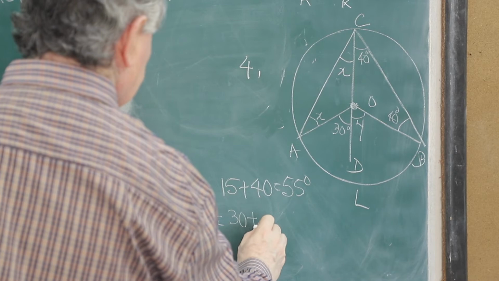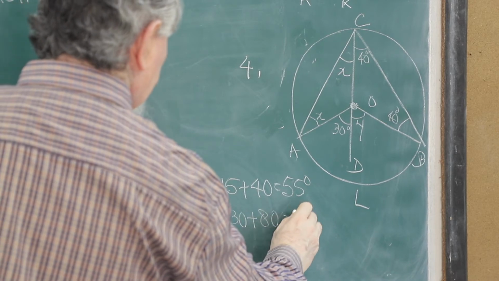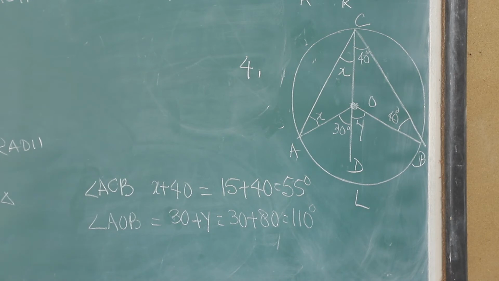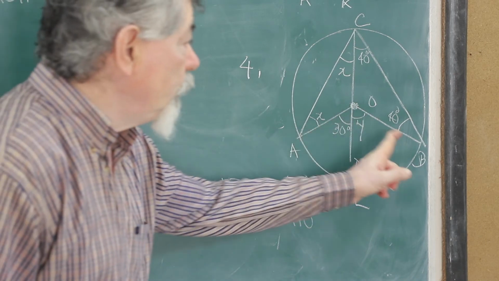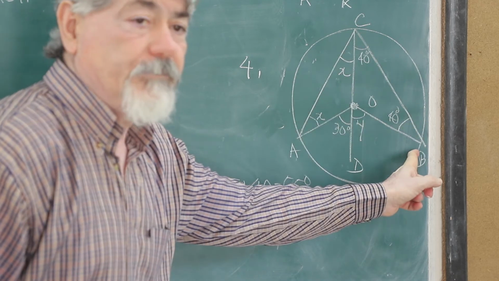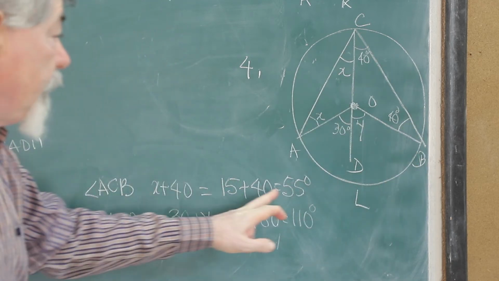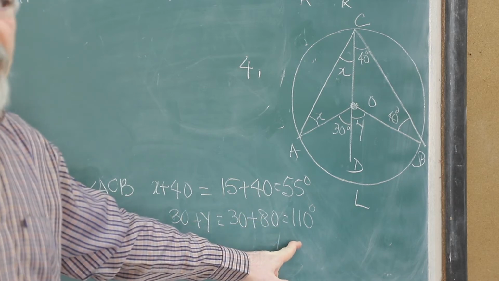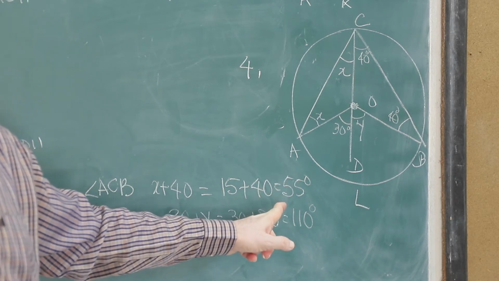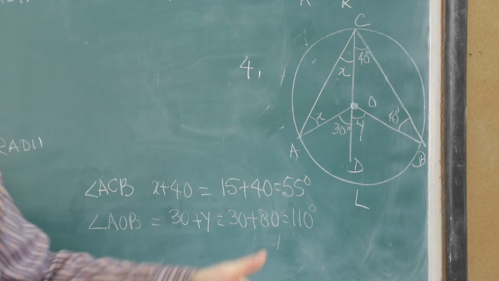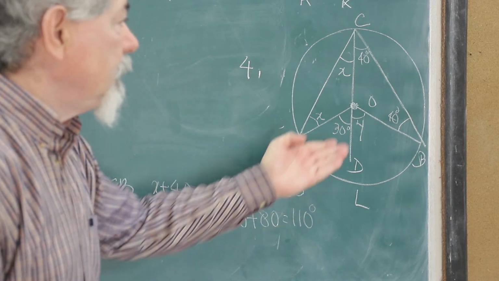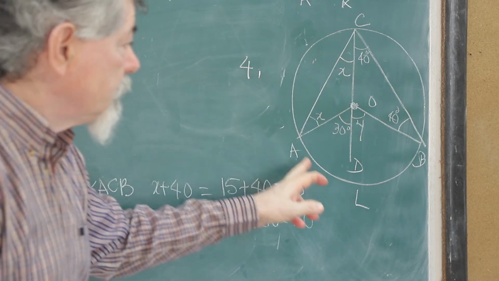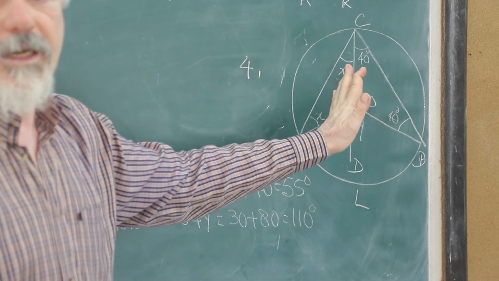So 30 plus 80 will be 110. Now you can see what is the relationship between angle AOB and ACB. ACB is 55 and double of 55 is AOB, which is 110. If you multiply 55 by 2, you will get 110. So angle at the center is double the angle at the circumference subtended by the same arc.